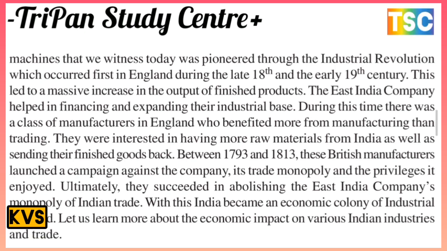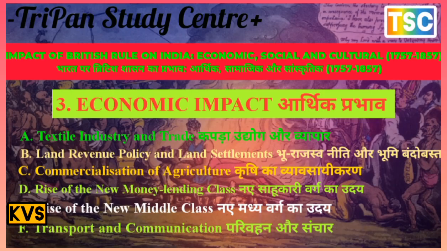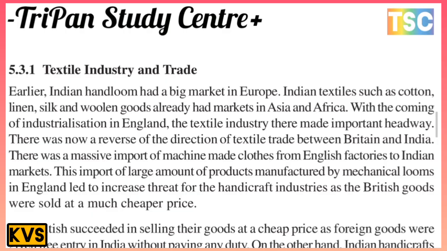Let us learn more about the economic impact on various Indian industries and trade. The first point here: textile industry and trade. Earlier, Indian handlooms had a big market in Europe. Indian textiles such as cotton, satin, silk, and woolen goods already had a market in Asia and Africa.